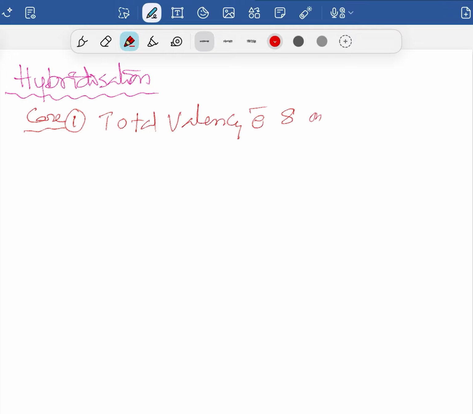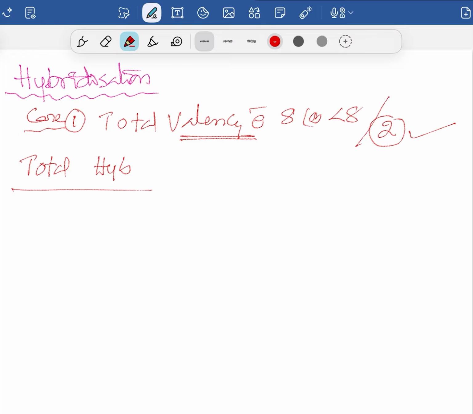If the total valence electrons are 8 or less than 8, then it is divided by 2. This is very important: the valence electrons are taken as the group number. First of all, here is a table of the total valence electrons and hybridization.